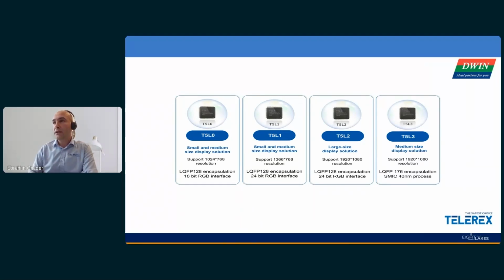T5L3, sorry, is the very high resolution one for IoT, and in regard to communication, etc., they made that more advanced. T5L0 is low cost, but still supports good resolution for 18-bit RGB interfaces, and in between they have 24-bit RGB interfaces.